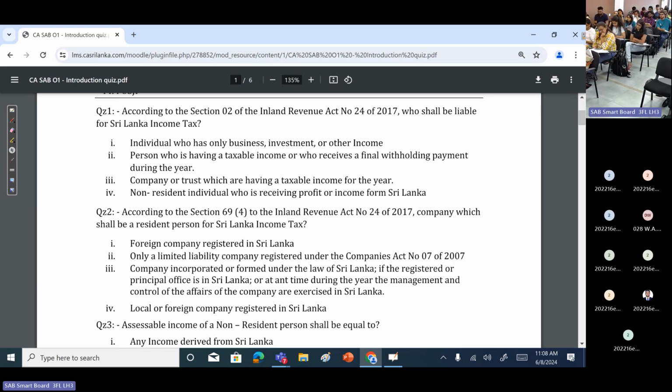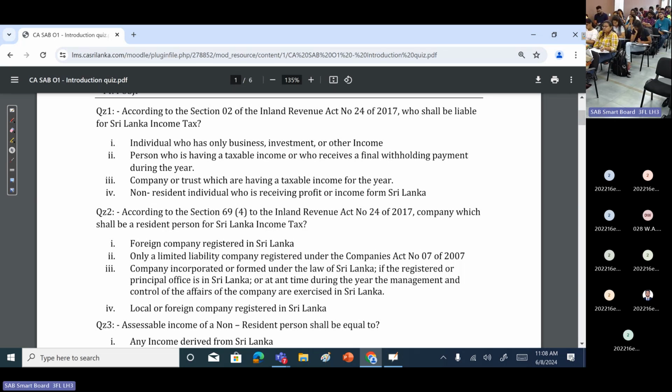Company or trust which are having a taxable income for the year. One is a non-resident individual who is receiving public income from Sri Lanka. So the most appropriate answer is number 2, who is having a taxable income or who receives a final withholding payment during the year. That's section 2. Okay, any question?